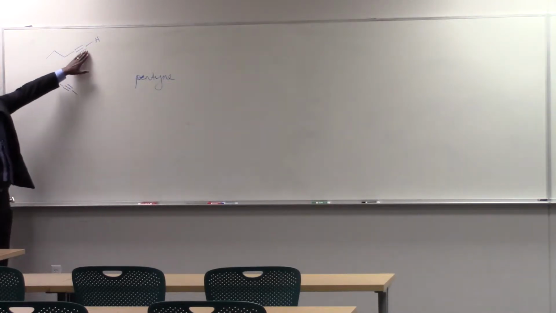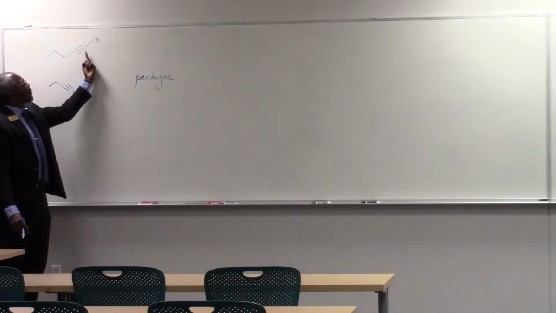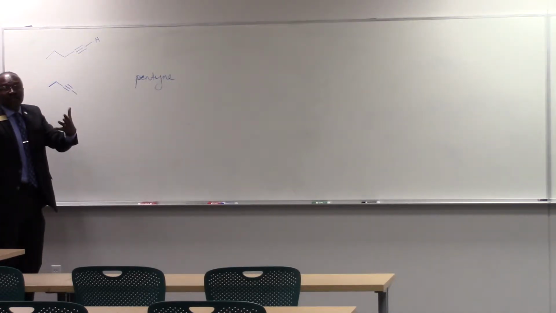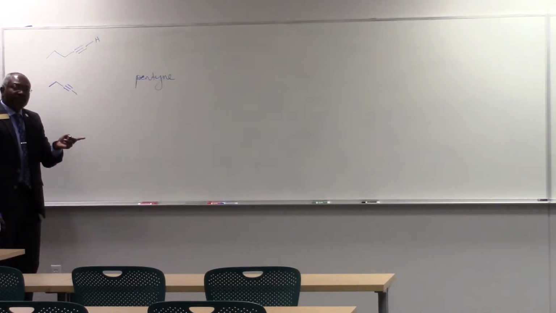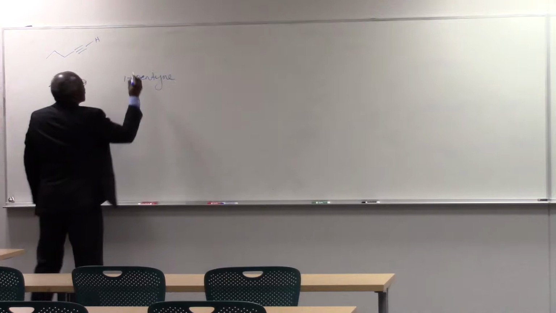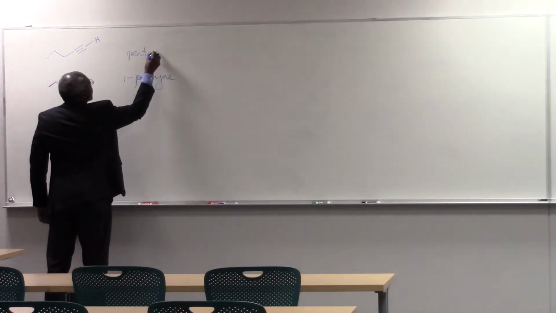I need to indicate where along the carbon chain my triple bond is. And like with the alkenes, because the triple bond spreads over 2 carbons, I can't give it 2 locants. So I'll pick a smaller number, right? So I'll call this compound 1-pentyne, or I can call it pent-1-yne.